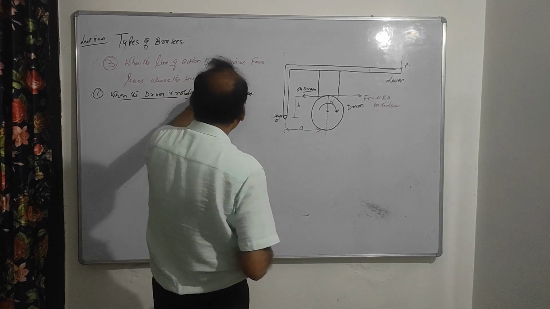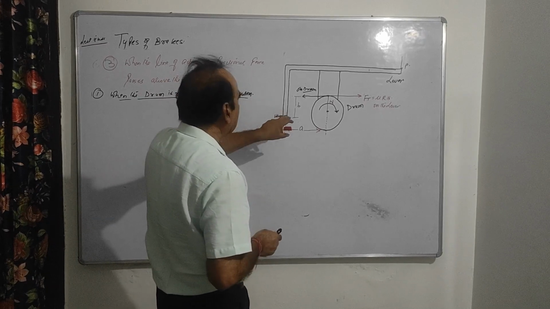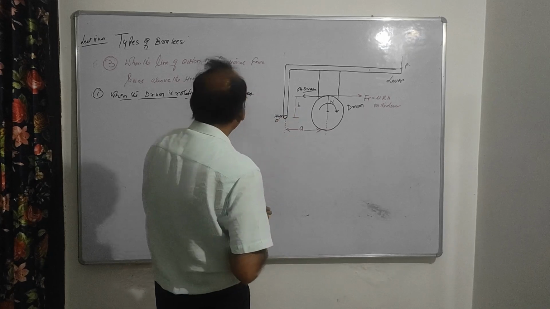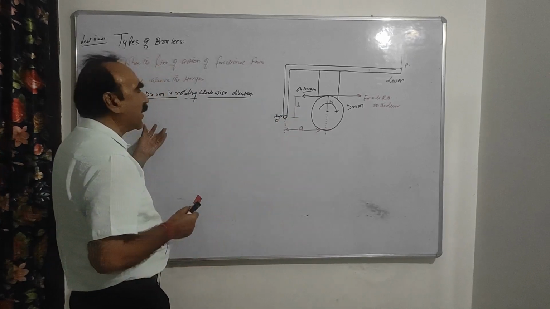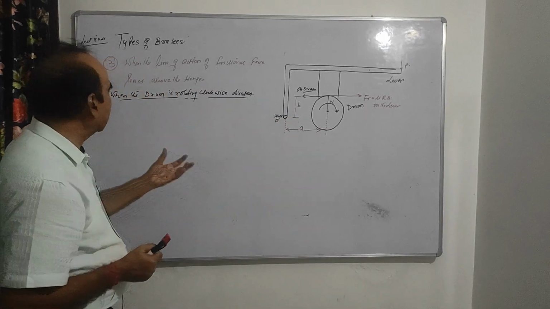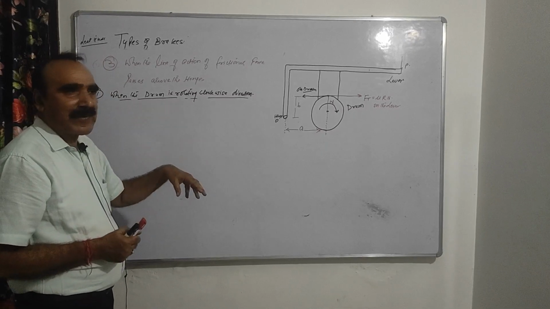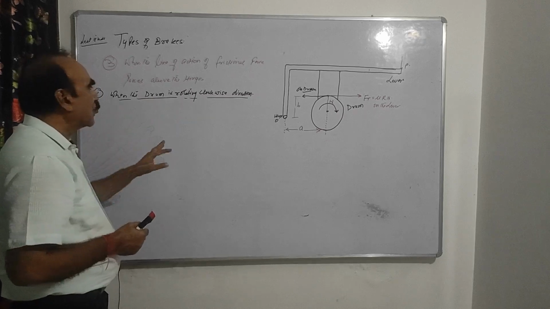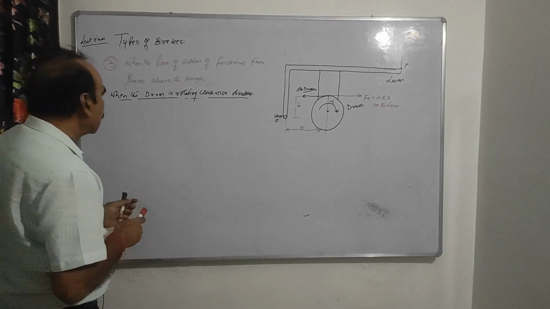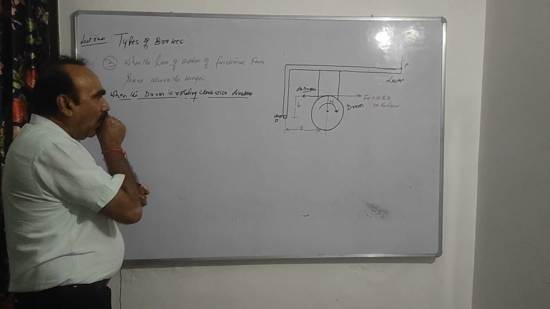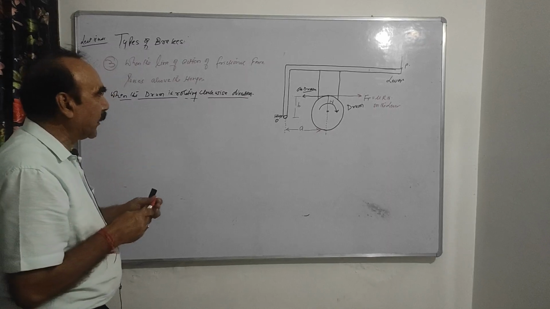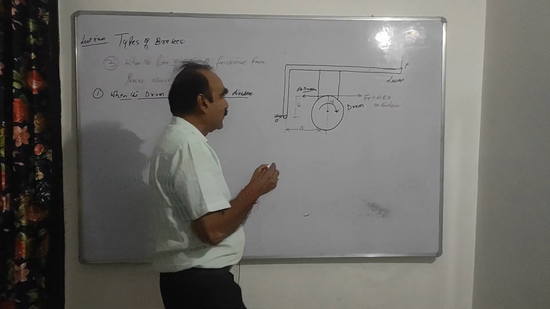So in this case, when the force is acting above the hinge, we have to take two conditions: when the drum is rotating clockwise and when the drum is rotating anti-clockwise. First I have taken the clockwise direction.